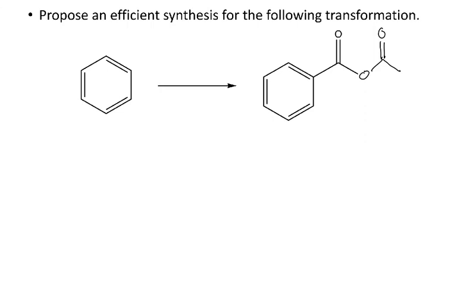So the first thing I do is just stick an alkyl group on. There's no point in wasting a bunch of carbon atoms, so I'll just put an ethyl group on.